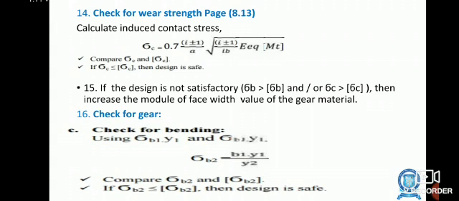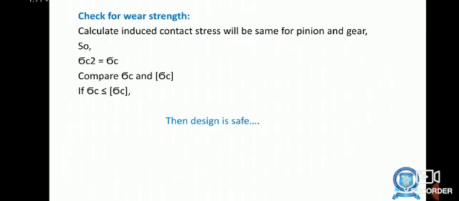Then wear strength also we calculate. The contact stress will be the same for pinion and gear as shown in page number 8.14. So the condition is the determined value less than or equal to the found value. If the condition is okay, the design is safe.